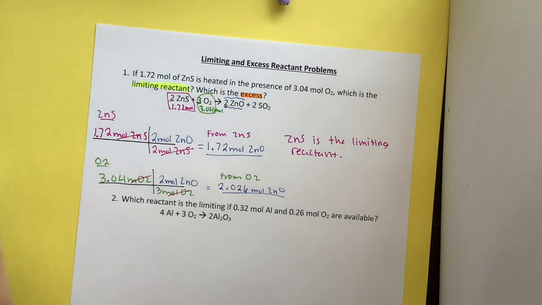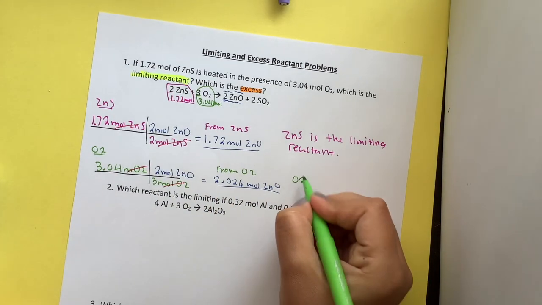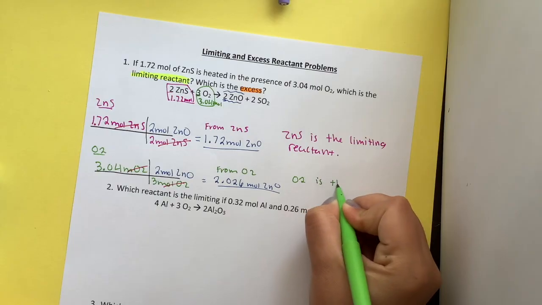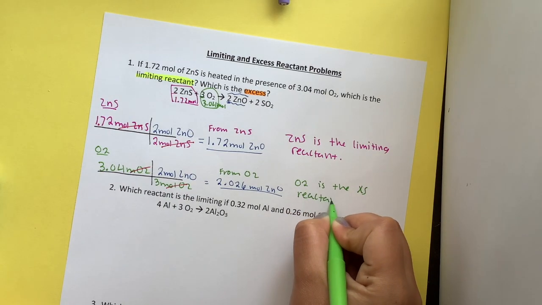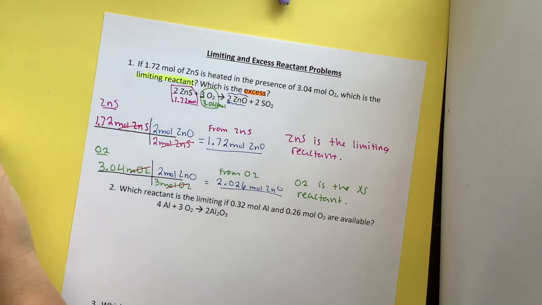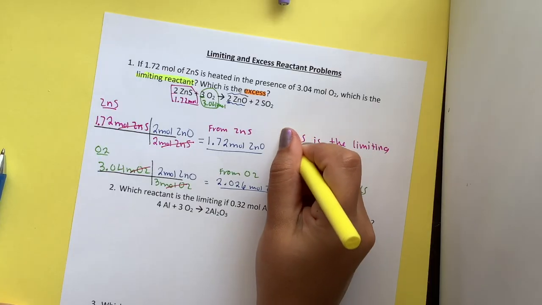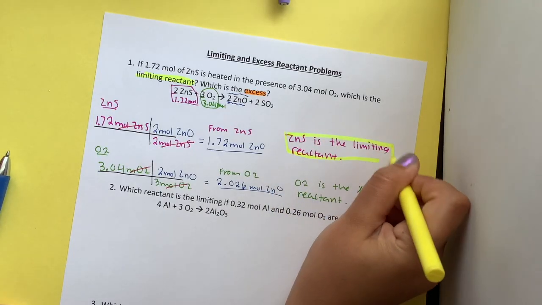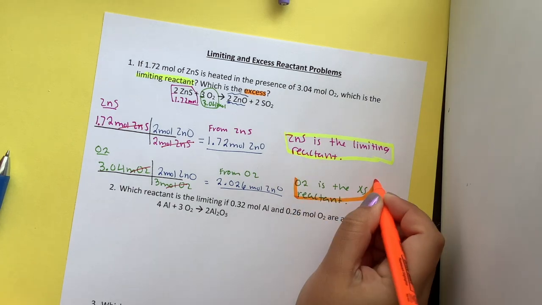And since oxygen produces so much, that means that oxygen is the excess reactant. So zinc sulfide was the limiting reactant, and oxygen was the excess reactant.